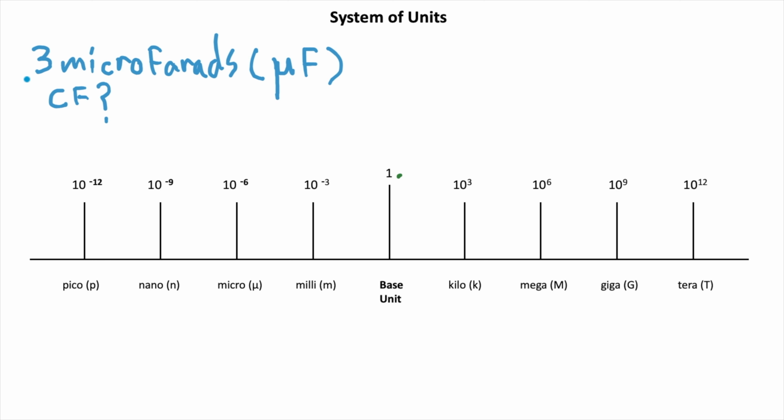So we start with our significant value, our measure right here, which is 3. And remember, 3 just gets substituted for our base unit. So it's as if we start with 3 and then our decimal is off to the right, and we are going to count 6 places over to the left.